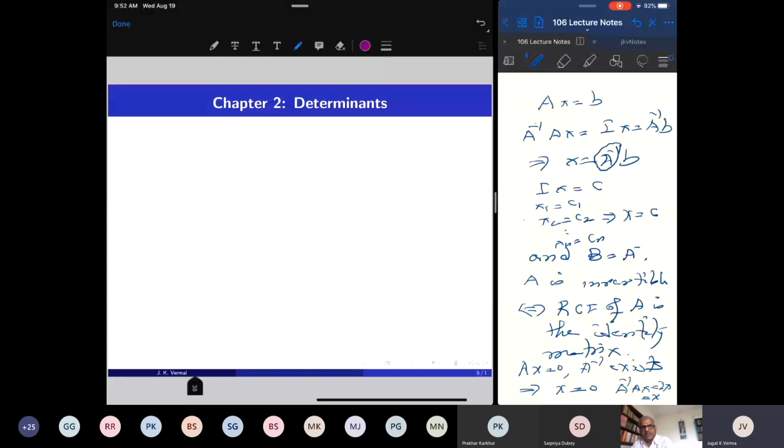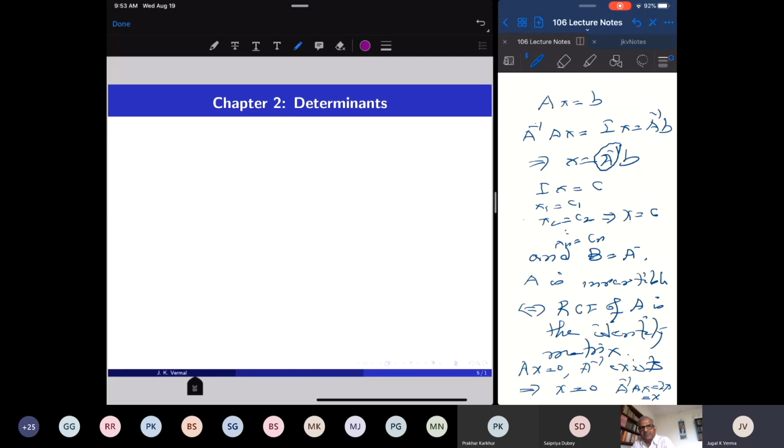You know the properties of determinants. One of the properties is that the determinant of the identity matrix is 1. It may look like a trivial fact, but this becomes one of the defining properties of determinants. Similarly, if I take a matrix where two column vectors are identical, its determinant is 0, or if two row vectors are identical, the determinant is 0.